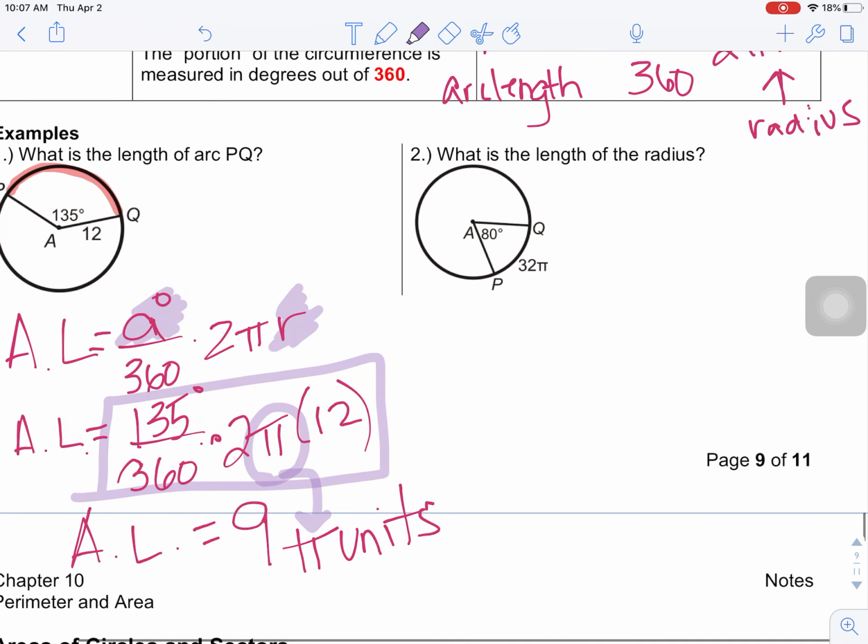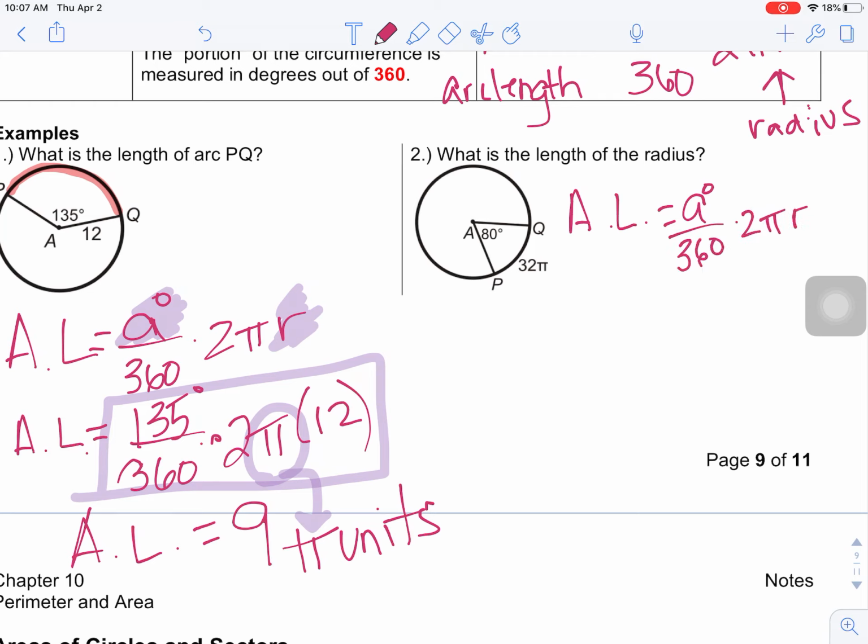In example number 2, we are asked, what is the length of the radius? If they're asking for a different component of the formula, I like to write down my formula so that I know what I have and what I can plug in. Right here, they've given me an angle, so I'm plugging in 80 over 360. And then the question is, what is my radius?